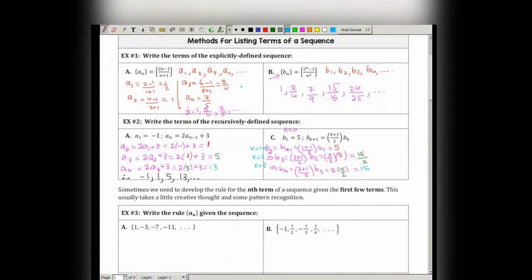Okay, so then the first 4 terms of the sequence, even though we started our index at 0, are equal to 5, then another 5, 15 over 2, and then 15. Any questions on this?